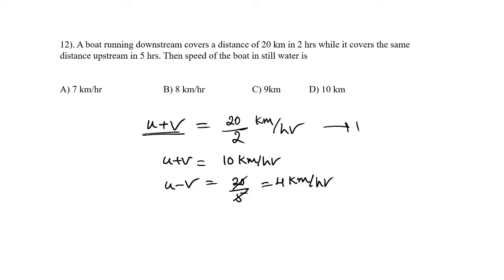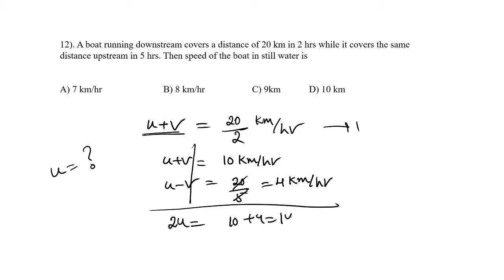Then the speed of the boat in still water means the value of U. So from these two, calculate the value of U. V and V get cancelled. So 2U is equal to 10 plus 4, that equals 14. Then U is equal to 14 by 2, that equals 7. 7 kilometer per hour.